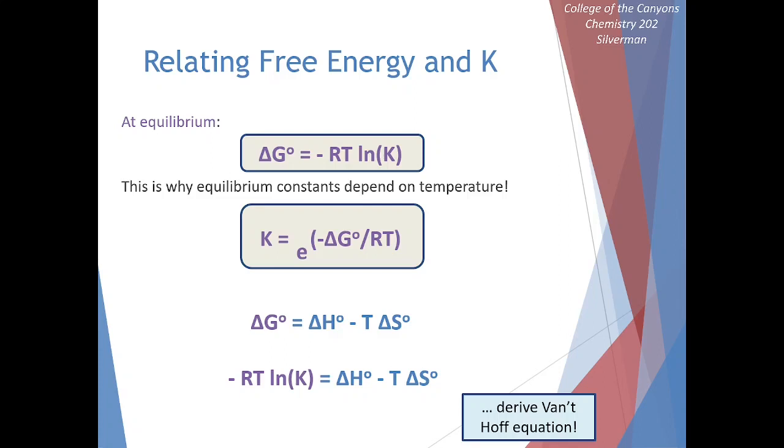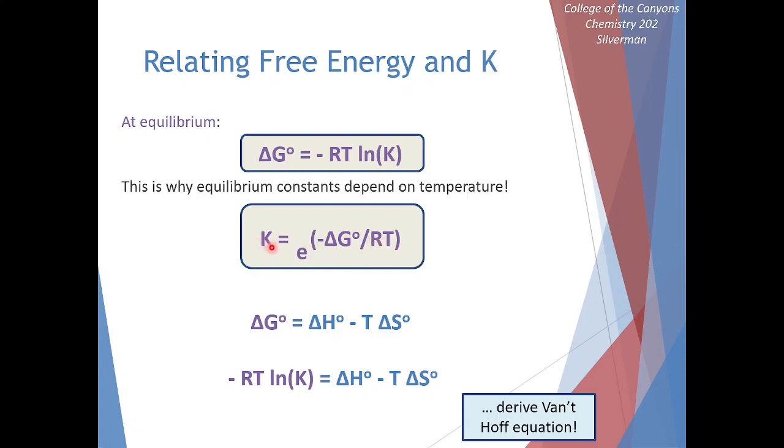We've actually already seen this kind of relationship in the past. We know that our equilibrium constant depends on the temperature, and we had our Van Hoff equation to explain that. Well, now we can see where this Van Hoff equation comes from. If we rearrange our new delta G equation, we can solve for K in terms of delta G. The equilibrium constant is equal to e raised to the negative delta G divided by RT.